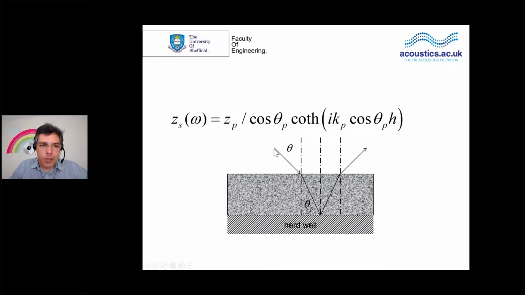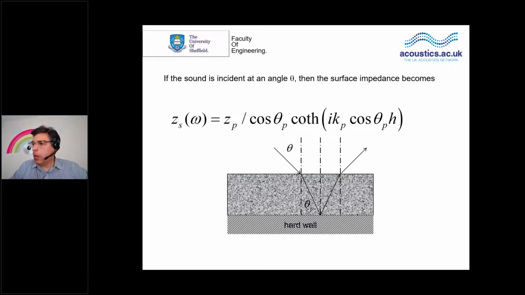In some cases, the sound is not incident at a normal angle of incidence. It's incident at an angle theta. In this case, sound will refract as it goes into the porous medium, reflect from the hard wall, come back again, and refract again. In this case, the surface impedance is also a function of the cosine of the refracted angle theta p.